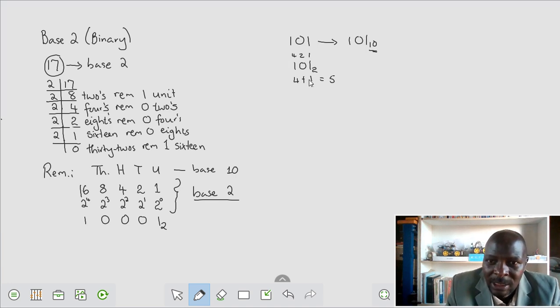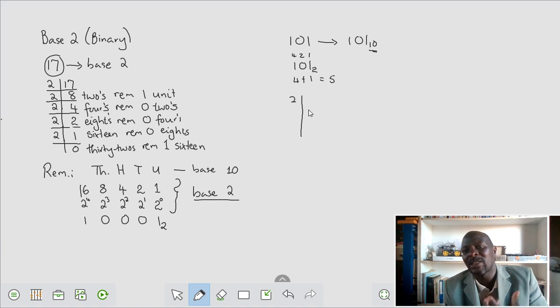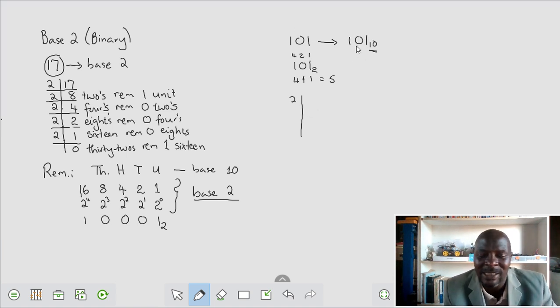So let's find out what 101 without the little 2 is with the little 2. We say this is our language, so every time we are going to a language other than ours, we divide. Our language is working in sets of 10, so putting the little 10 or leaving it is fine.